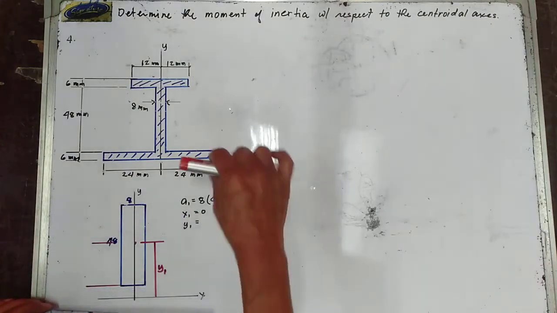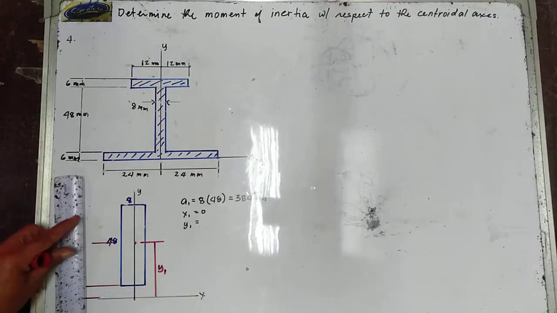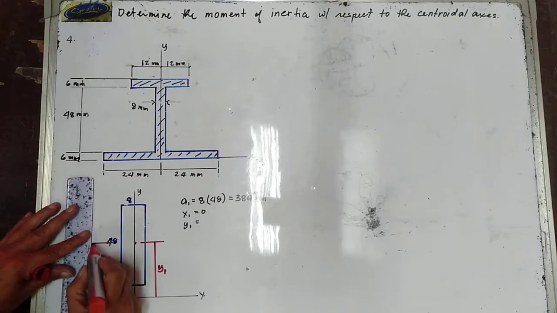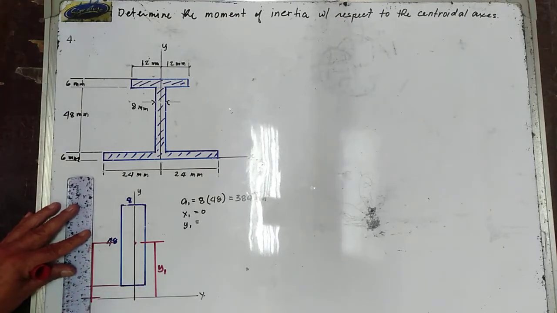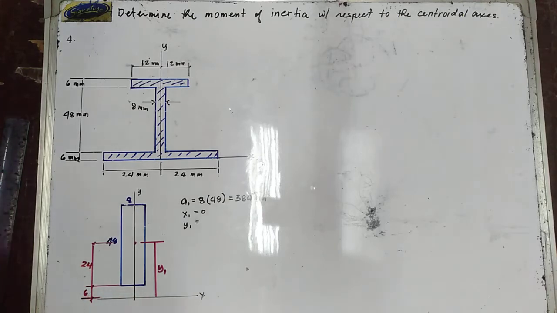And then we have the thickness of this, and that one is equal to 6. So your y1 therefore is equal to 24. This is 24, and this one in here is 6 millimeter.